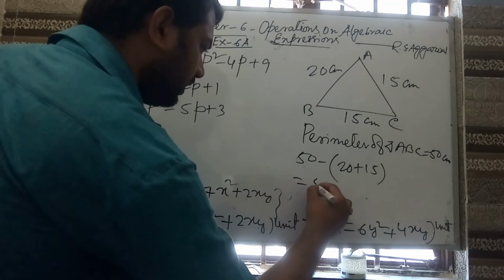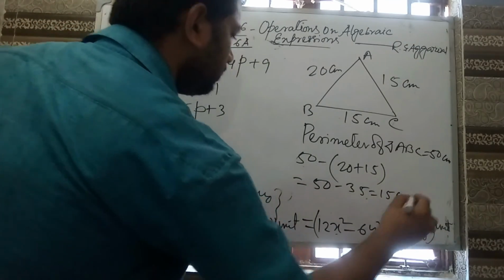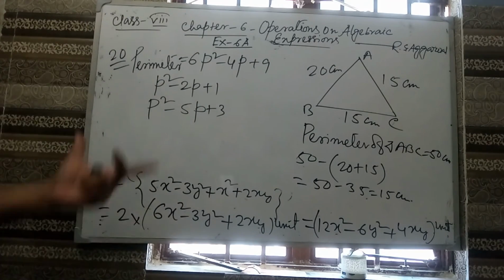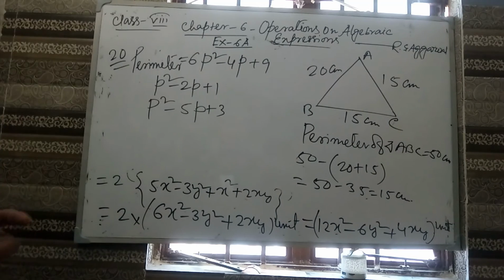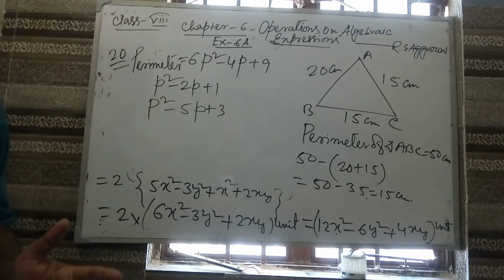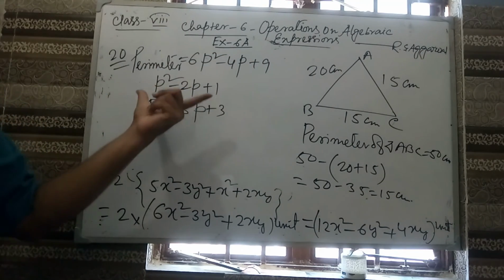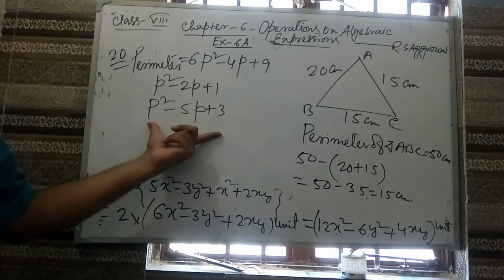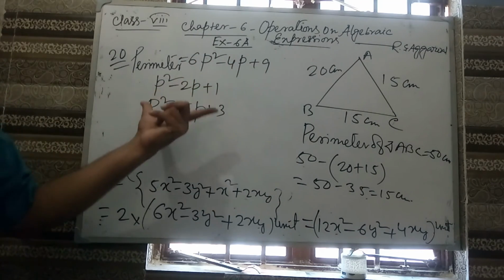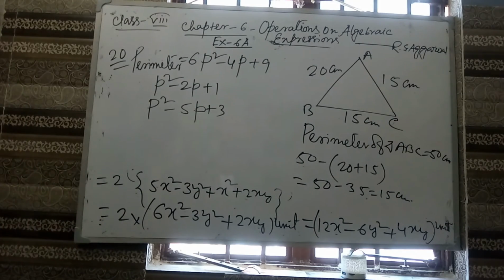So 50 minus 35, so 15 centimeter. We have to follow the same method for question number 20. Perimeter is 6p square minus 4p plus 9, the sum of three sides. Two sides are known, so the third side will be the perimeter minus the sum of the two sides. Clear? Okay, let us do it.